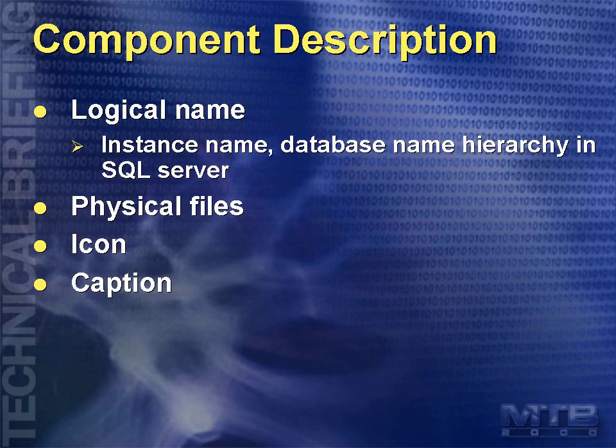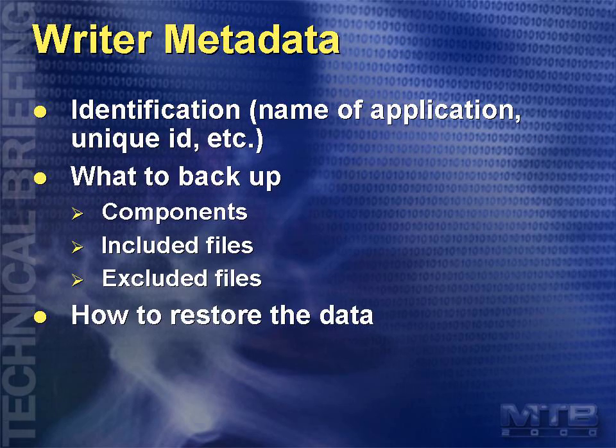So the component description is a name. We get the instance, the database, for instance, in a SQL server, the physical files, the icon, and a caption that can be presented to the operator. In addition to this, we have the files to be backed up and the files not to be backed up.